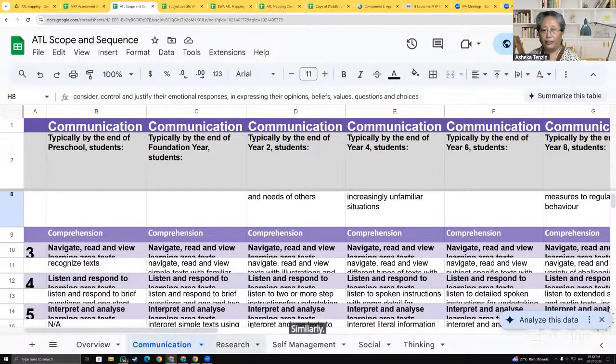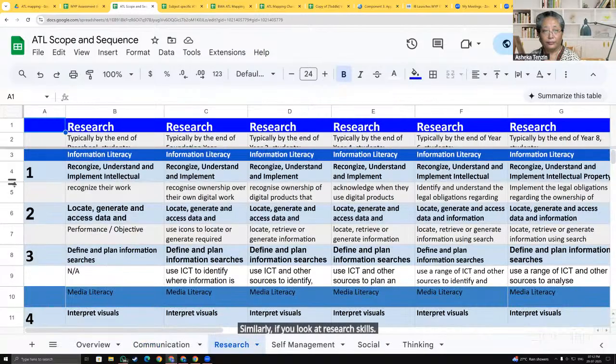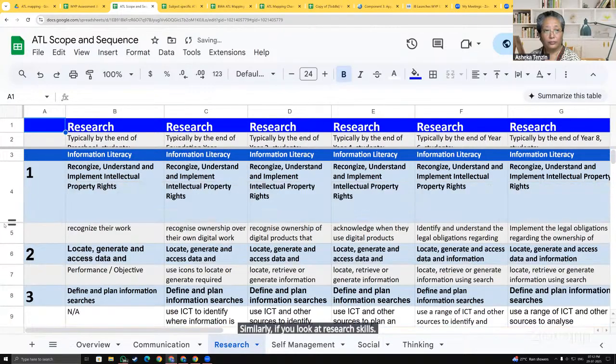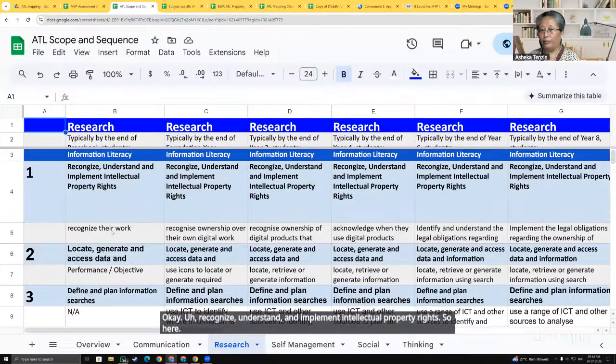Similarly, if you look at research skills, recognize, understand, and implement intellectual property rights. Here, the students will be able to recognize their work.